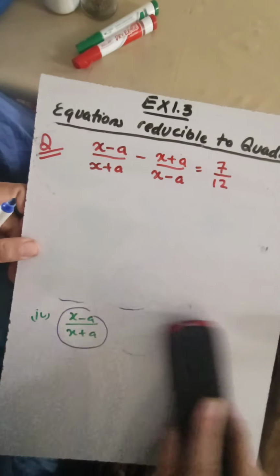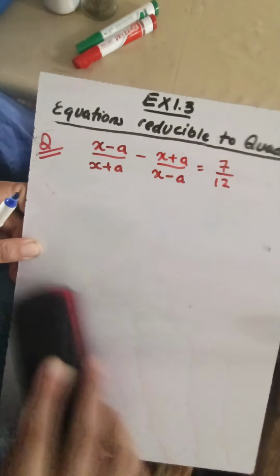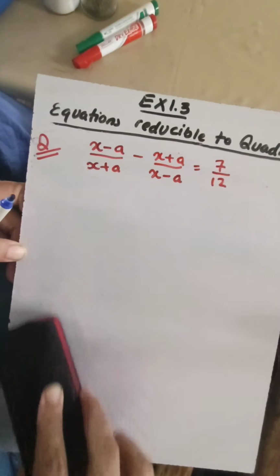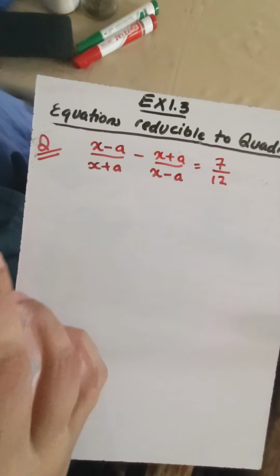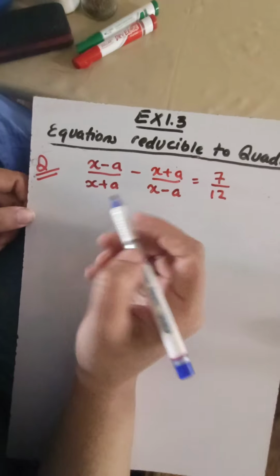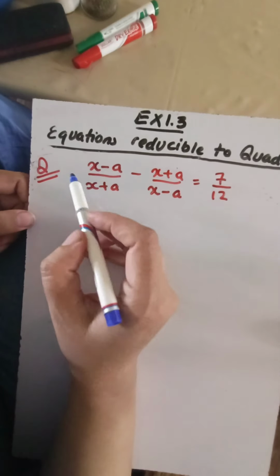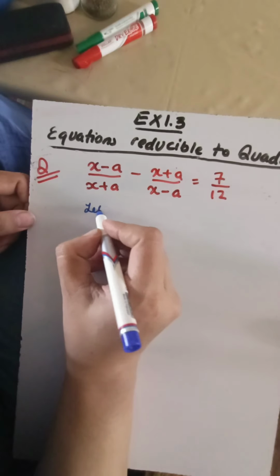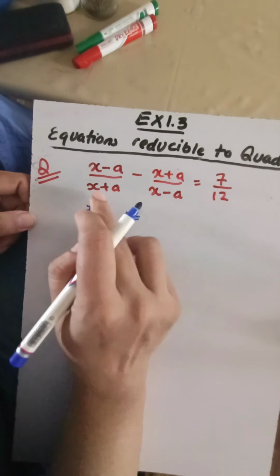In order to solve this equation, you know that there will be an expression involved in the equation which will have its reciprocal too. So you are going to introduce a substitution. Suppose let y be equal to the expression.